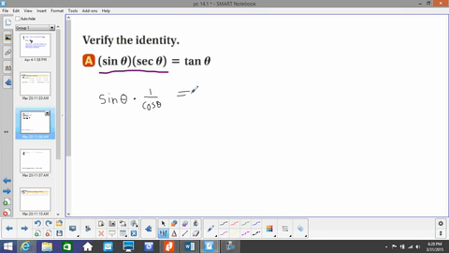And that is all still equaling the tangent theta. Well, if I multiply those two together, that's the same as sine theta over cosine theta.